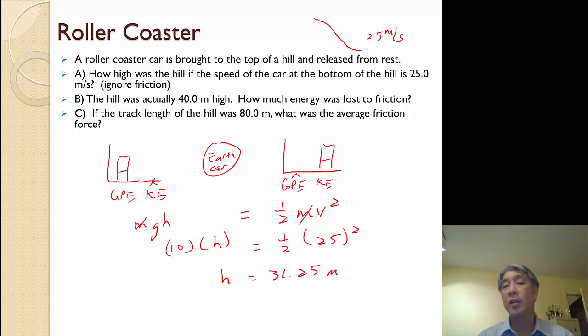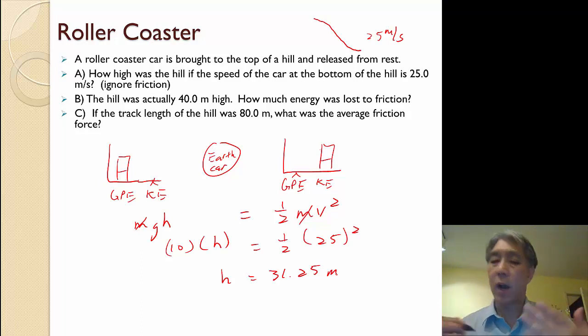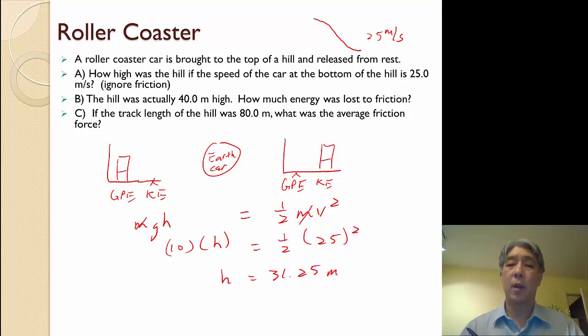The reason I haven't calculated any energies is because I don't have the mass of the car. I need to calculate the energies. I actually need to do mgh and 1/2 mv squared. So I'm going to need the mass of the car.